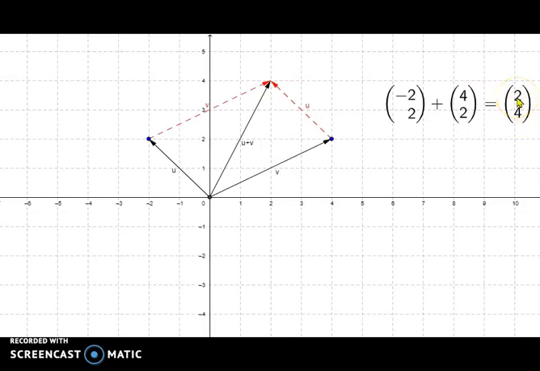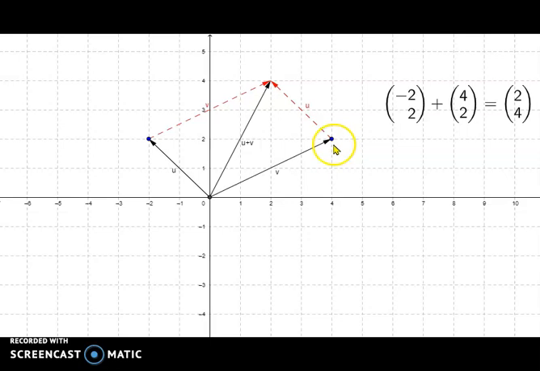So the vector with components 2 and 4 corresponds to this vector. As you can see, it resembles a parallelogram.